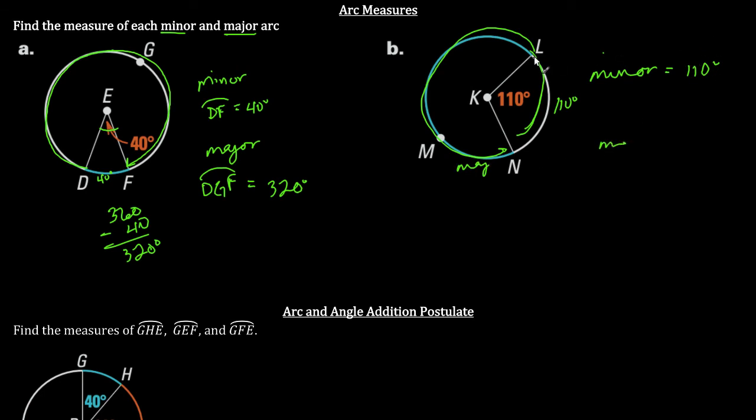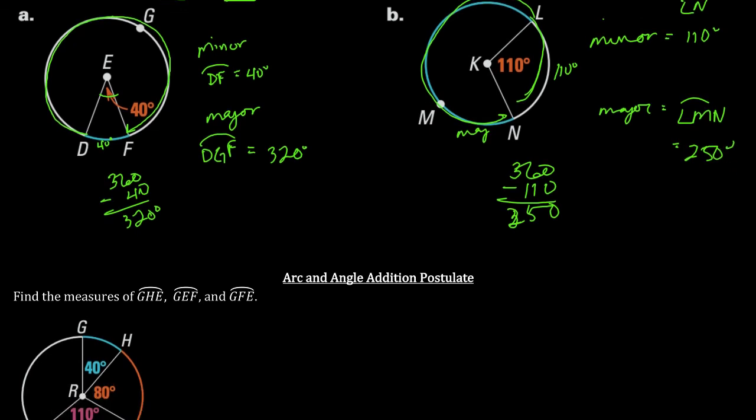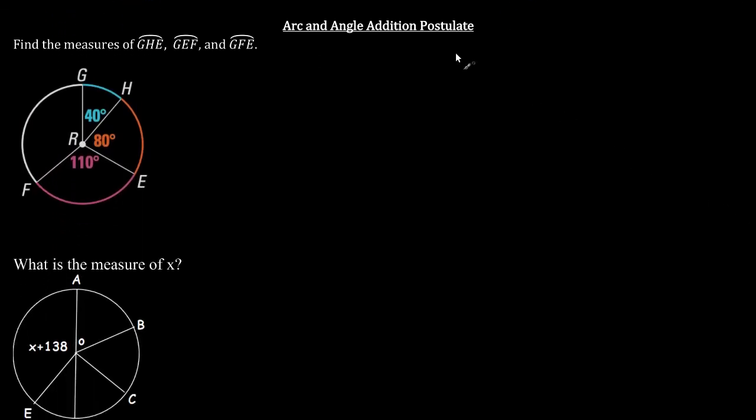The name of the minor is arc LN, and the major one would be LN but the other way, so LMN, which is 360 minus 110, 250 degrees. Easy enough.